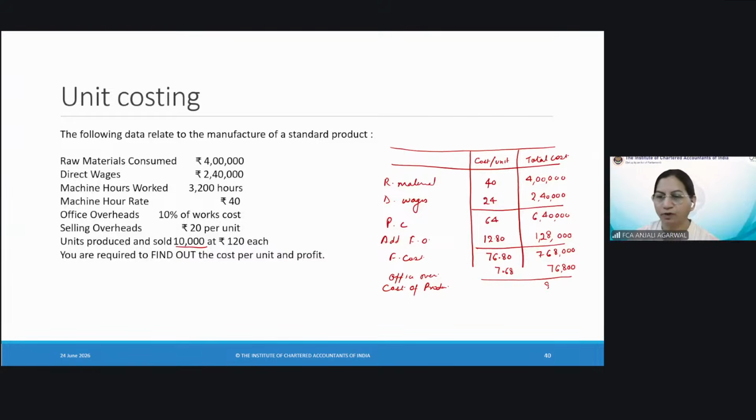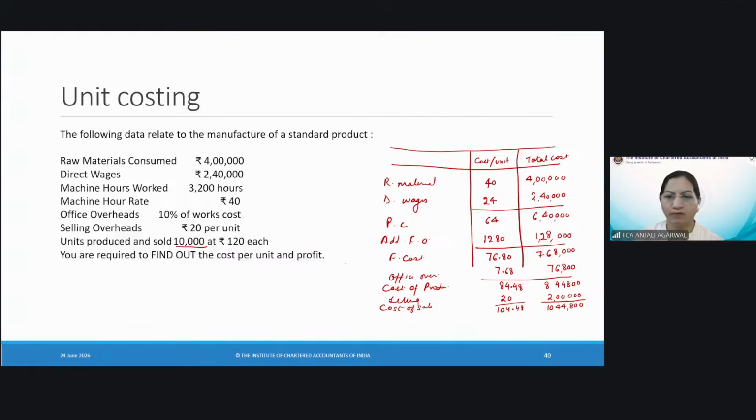This is 8,44,800 total, and per unit it is 84.48. Then you add selling expenses, which is given at the rate of 20. So you'll multiply 20 into 10,000, 2 lakhs. Okay. So your total cost of sales comes out to be 104.48, or the total is 10,44,800.